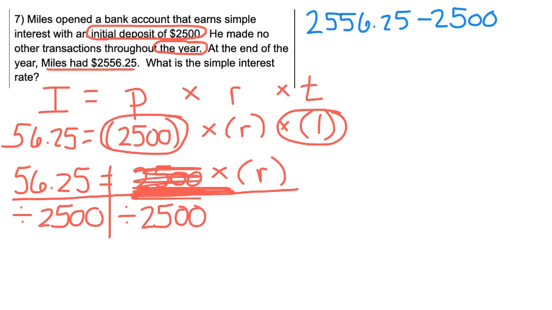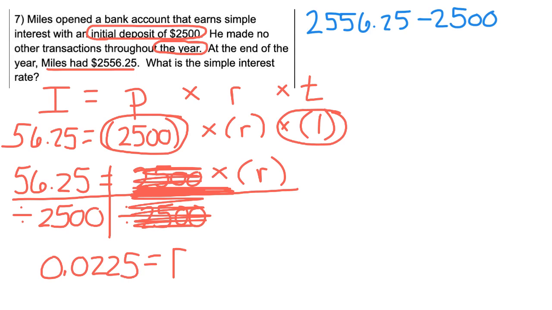This is going to cancel, which is awesome, because then my rate is by itself. Take $56.25 divided by 2,500, and you are going to get this decimal. But rates are a percent.